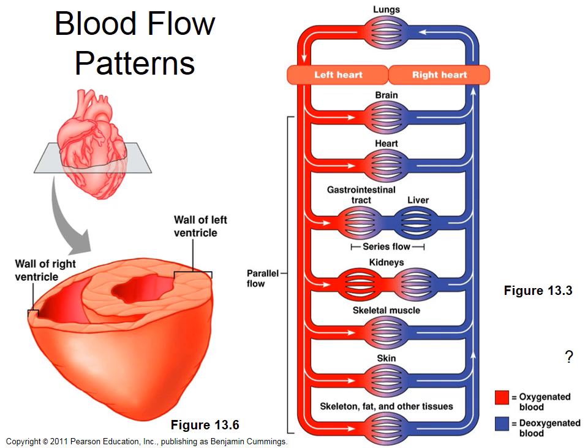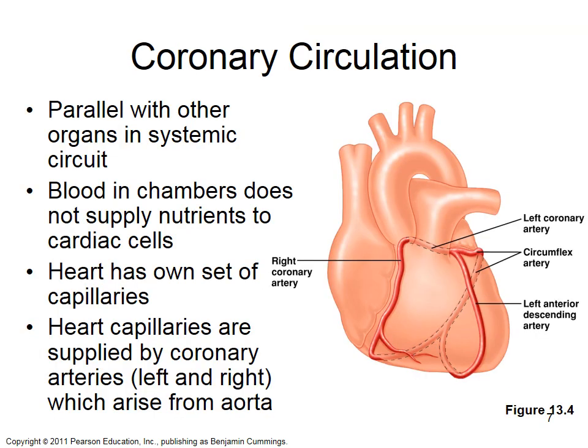So the left side of the heart has to develop a lot more pressure, and therefore the wall of your left ventricle is way thicker. Okay, so your heart receives all the oxygen and nutrients it needs from the coronary circulation, which is in series with the other systemic organs, right?